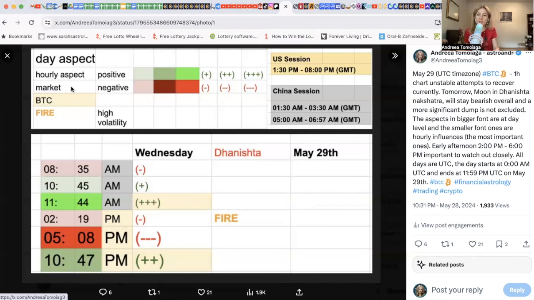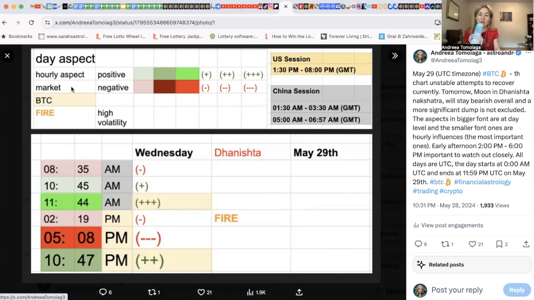So this would mean that we will not have a big dump. It's not the biggest type of dump, but it will be a negative effect, because that Jupiter in the sky is in a better condition. So it would be a smaller dump than usual, so to speak. So this is the way I see them.